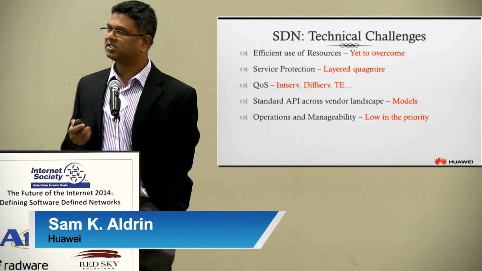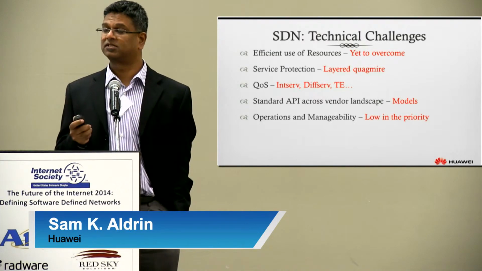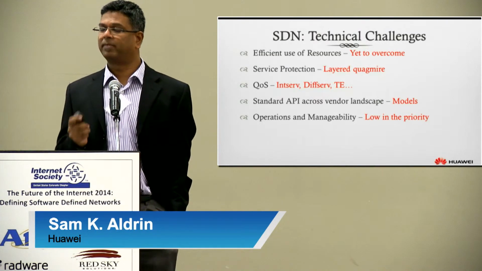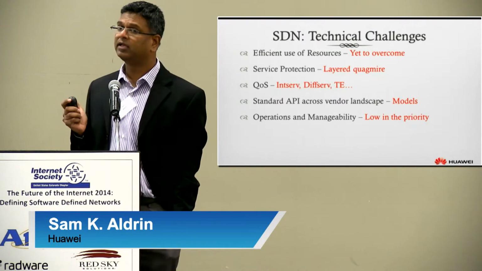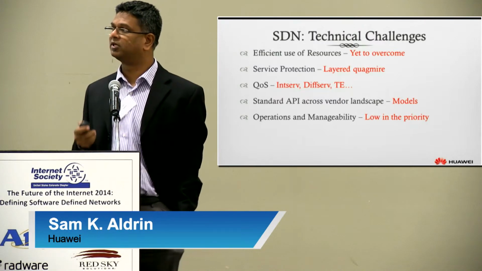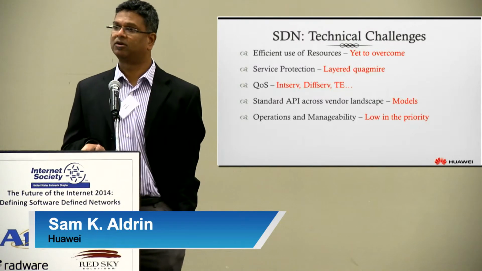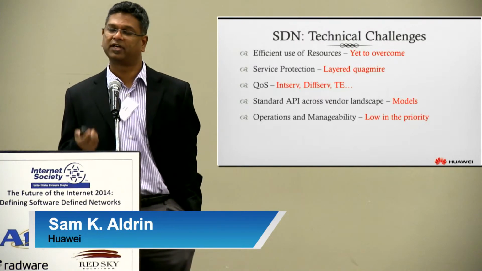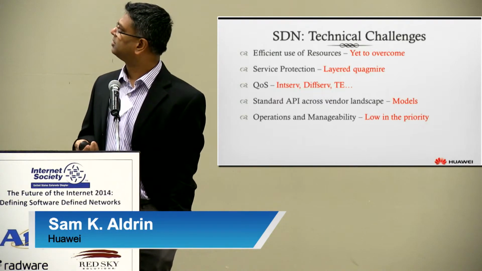And operations and manageability, this is one of the key important aspects for the success of SDN. If you cannot manage in a simple and programmatic way, you cannot operate the networks, because of the things we are talking about in terms of scale and the kind of services, you need to have better operations and manageability, not just vendor specific, but rather vendor agnostic.